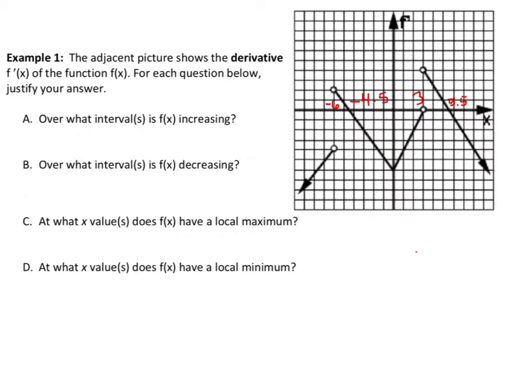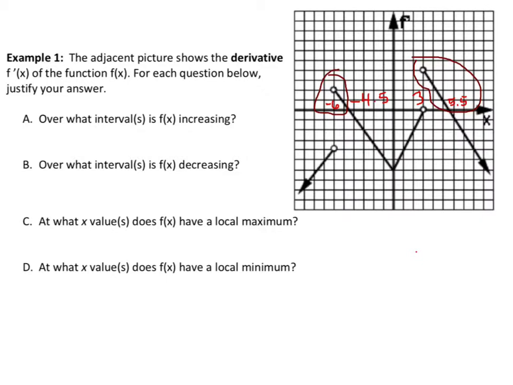Let's see, I'll notate that area. It's right about in this area up here, and it's this area up here. So that's where the derivative is positive, so that means that's where it's increasing.